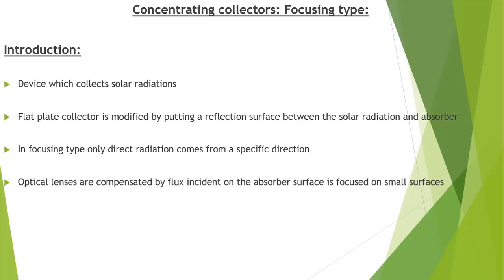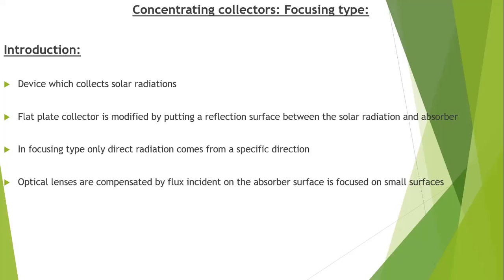Flat plate collectors have a concentration of only 1.5 to 2, but concentrating collectors can increase this value to 10,000. Why does it increase to such a value? The solar radiation is forced to fall on, and is focused on, a receiver or observer of small area only. Large areas of observers are not required here.